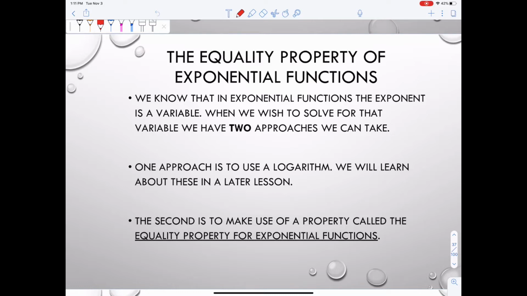The use of logarithms is typically done with more complex equations where I can't solve using the simpler method, which we're going to talk about here. So the second way we can solve one is something called the exponential equality property.